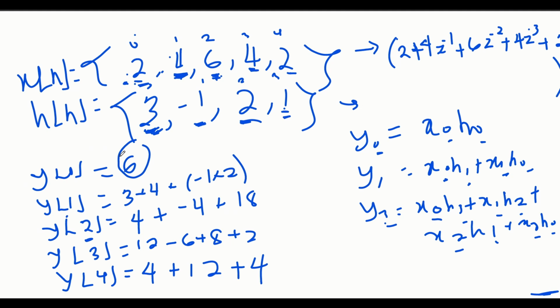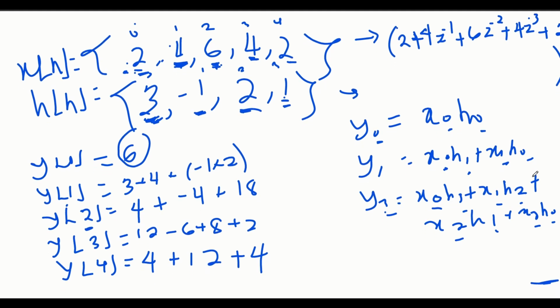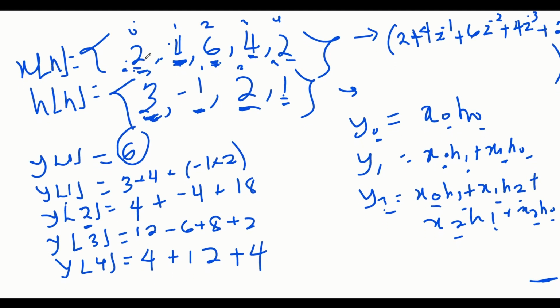Now the second one, we are supposed to do x of 0 times h of 1 plus x of 1 times h of 0. So x of 0 multiplied by h of 1, you get 1 times minus 2, plus x of 1 times h of 0. x of 1 is 4, h of 0 is 3, so you get 4 times 3, which is 12.